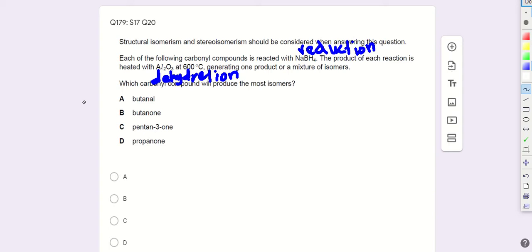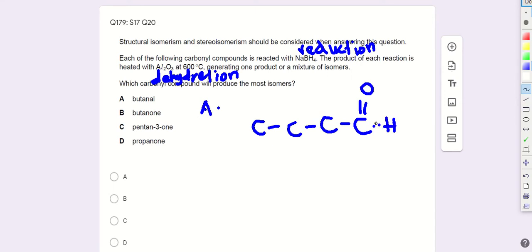Now, A, butanal. Butanal is a 4-carbon aldehyde. Right, this is butanal. The rest are alkyl groups, carbon bonded with all the hydrogen.